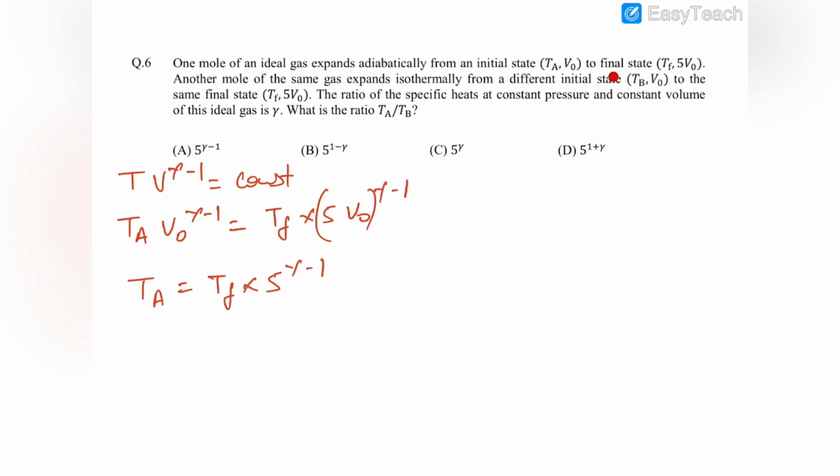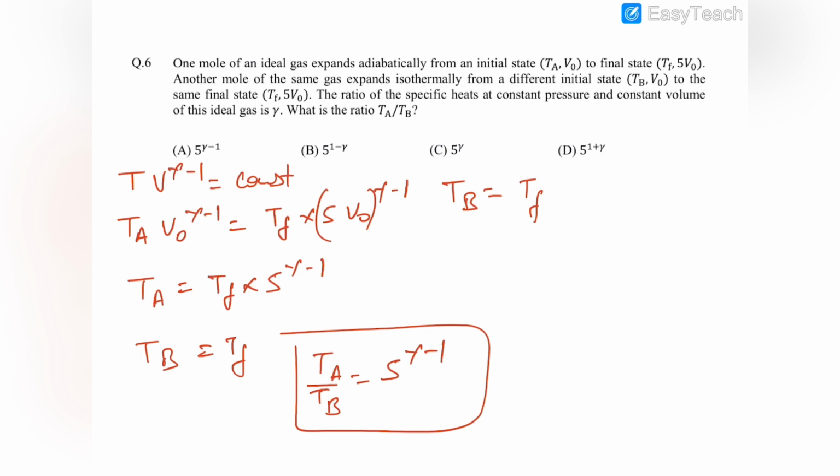And in the second process, it is an isothermal process, so temperature would be same. So Tb would be equal to Tf. So if we divide these two, then Ta by Tb would be equal to 5 to the power gamma minus 1. So the correct answer would be option A. Now we move on to the next question.